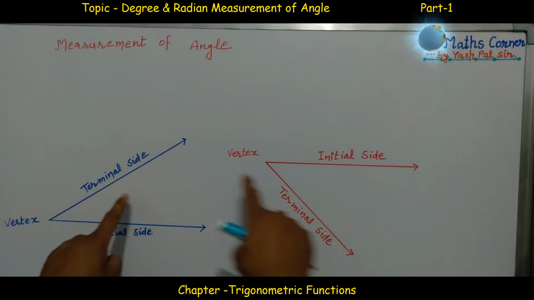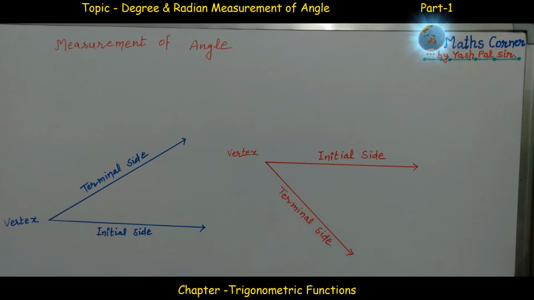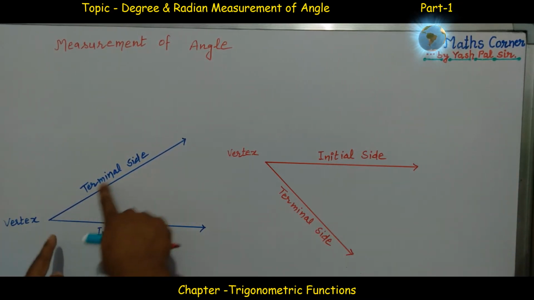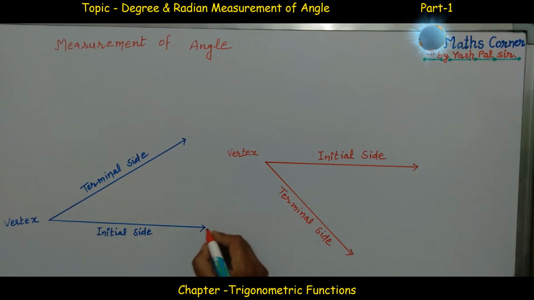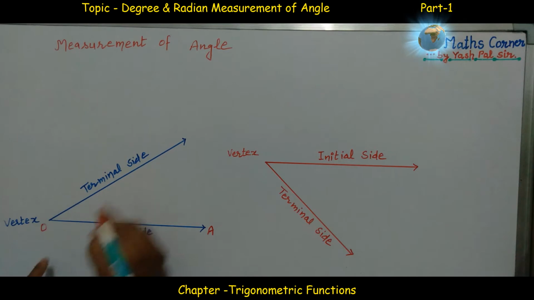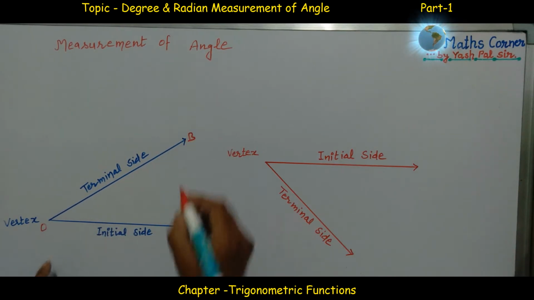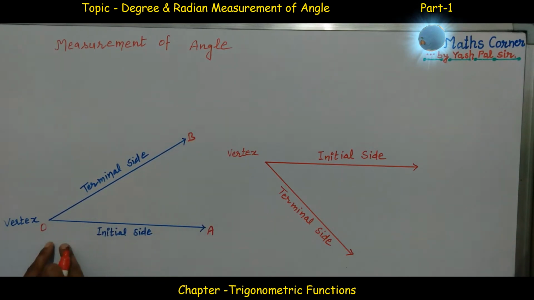Observe these two diagrams carefully. In the first one, this is the initial side and this one is the terminal side. Suppose this is A, vertex O. This point is known as the vertex, and this is the terminal side.